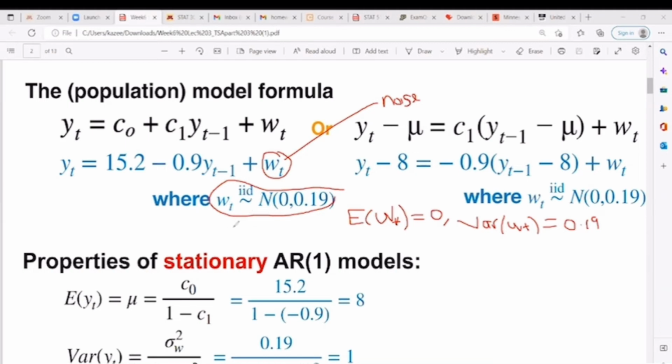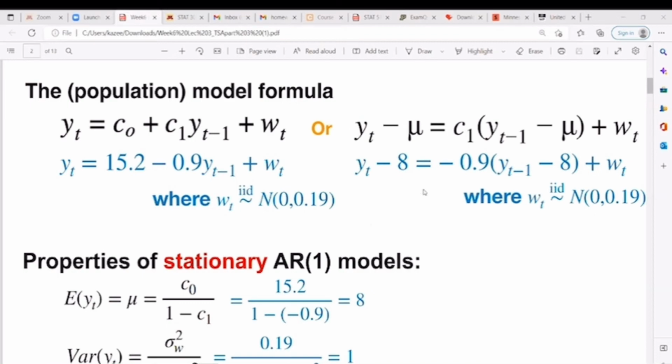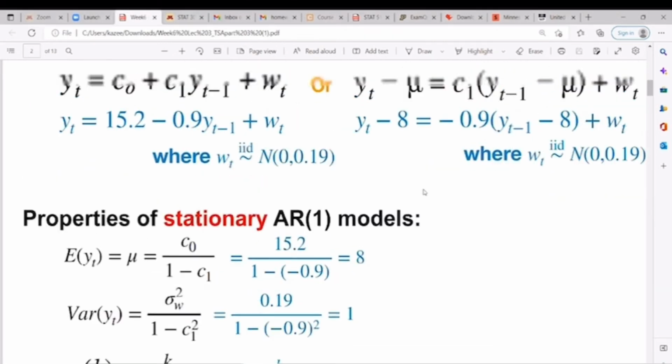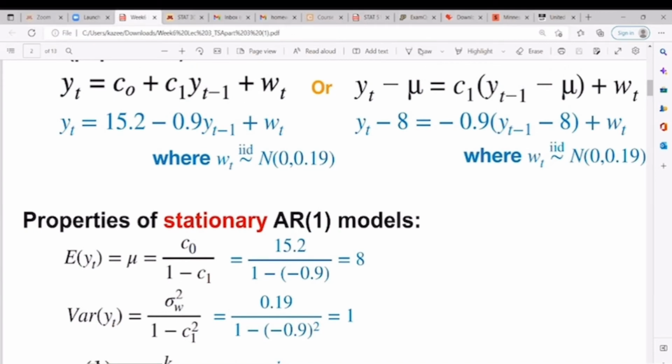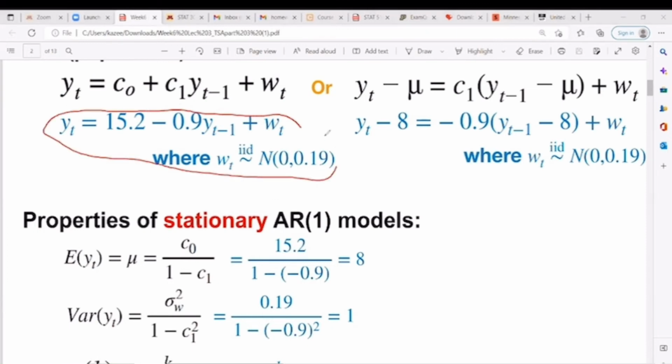I want you to pay attention to that whenever we specify an autoregressive model of order one or any time series model. We need to tell the world what the distribution of the noise is. And you remember last time, when you have an autoregressive model of order one, you can be asked to find the mean.